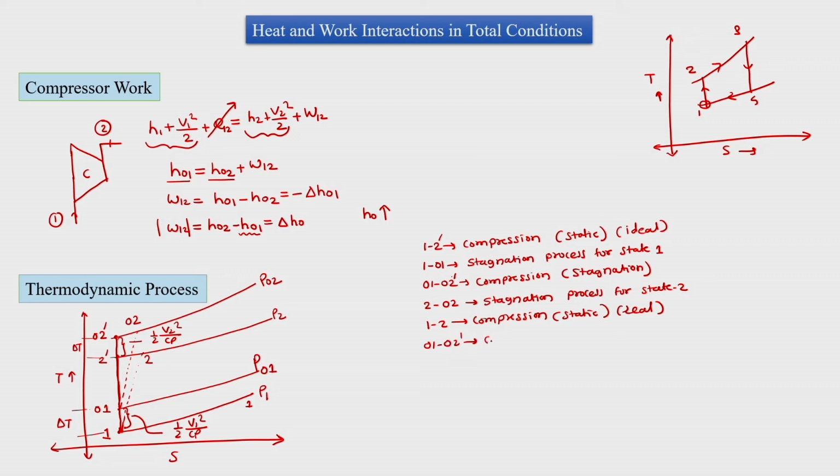So, it is compression from stagnation perspective, and then that is basically in the real case. So, as our nomenclature says, 1 to 2 is real and 1 to 2 dash is ideal or the isentropic process. So, this is how we would draw a new thermodynamic process for compressor.